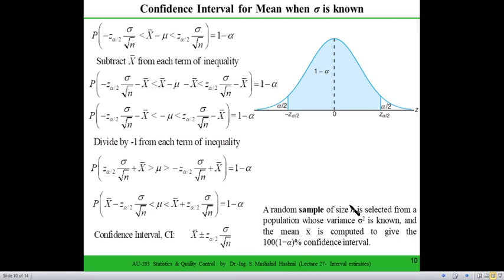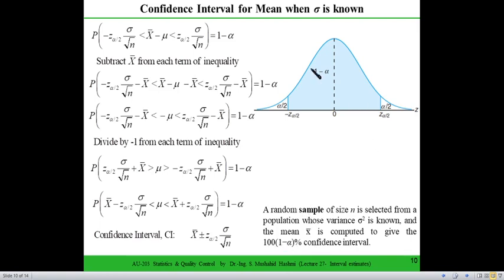So we have a random sample of size n selected from a population where the variance is known, and the sample mean is computed, and we can state the degree of confidence. For example, if alpha is 0.05, then 1 minus 0.05 would be 0.95, so we have a 95% confidence interval.